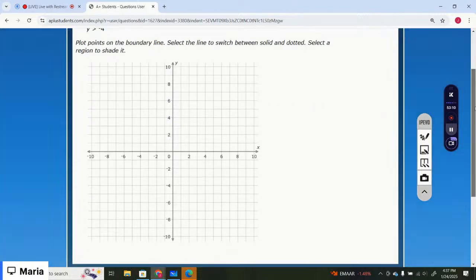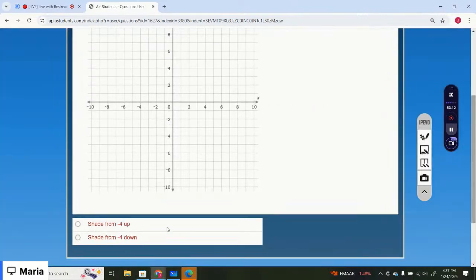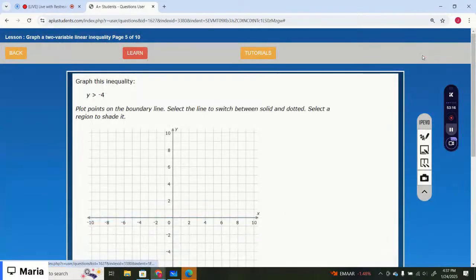From negative 4 up, because that is greater than negative 4.